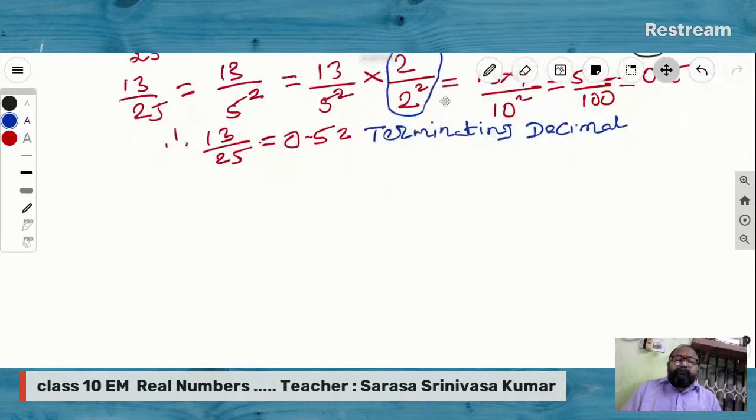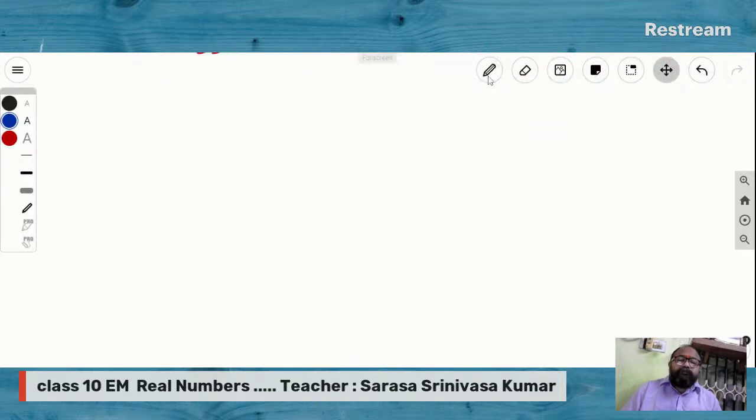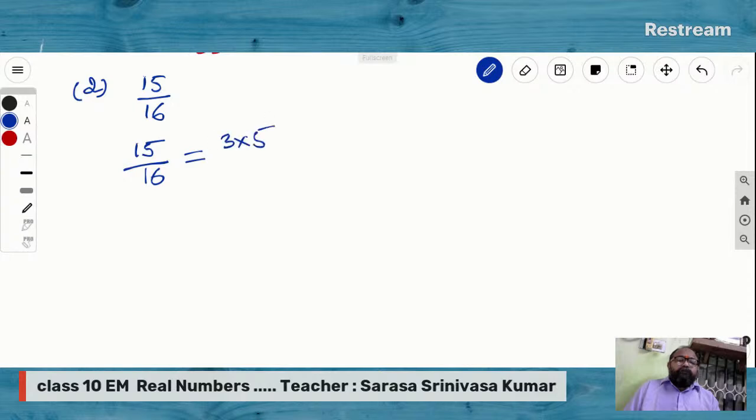Now we consider the next problem. 15 by 16. 15 by 16 equals 3 multiplied by 5 divided by, we find prime factors for 16. 2 8s, 2 4s, 2 2s. So 2 power 4.